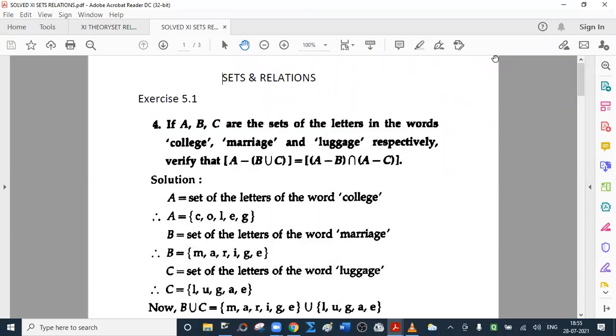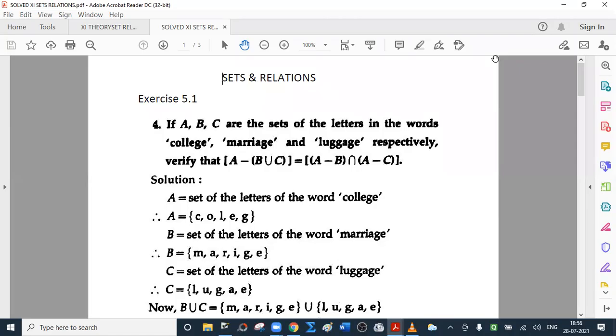Fourth one, if A, B, C are the sets of letters in the words college, marriage and luggage respectively, verify that A minus B union C is A minus B intersection A minus C. Now, set A is set of letters of the word college, C, O, L, E, G. That's it. One letter is to be written once only.